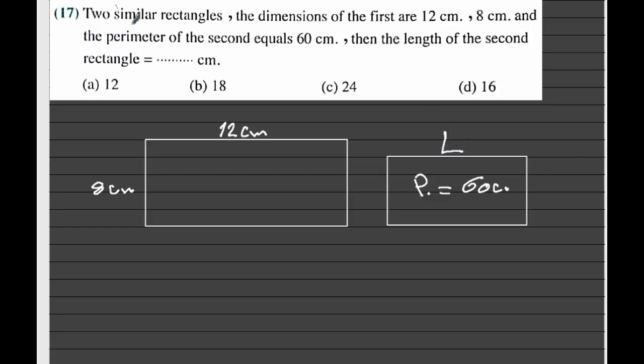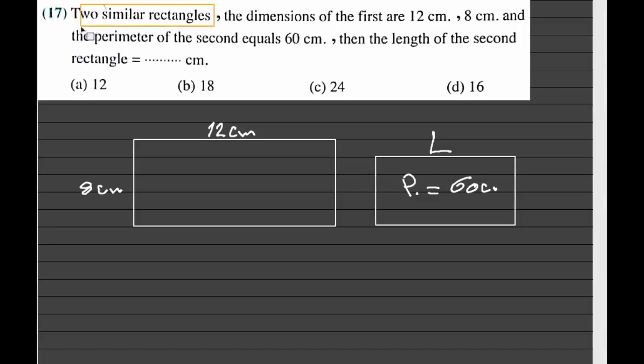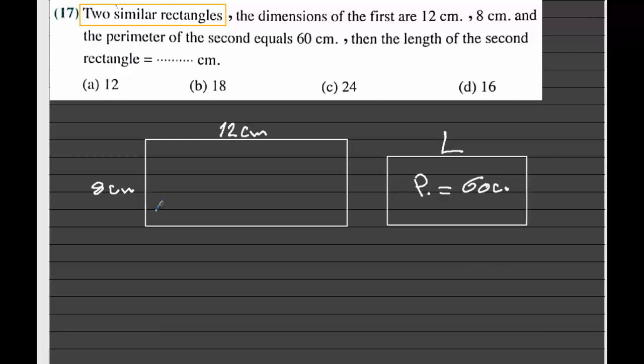We have the two rectangles are similar. Here from the given, the two rectangles are similar, so the corresponding sides are proportional. Also, the perimeter of the first over the perimeter of the second, you can write P1 over P2 equals the ratio between two corresponding sides, 12 over L. What is the perimeter of the first rectangle?